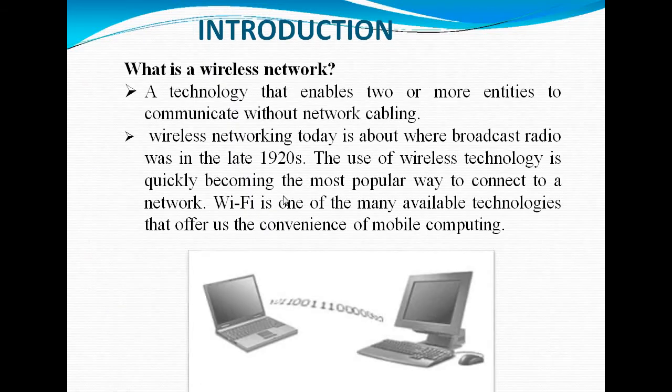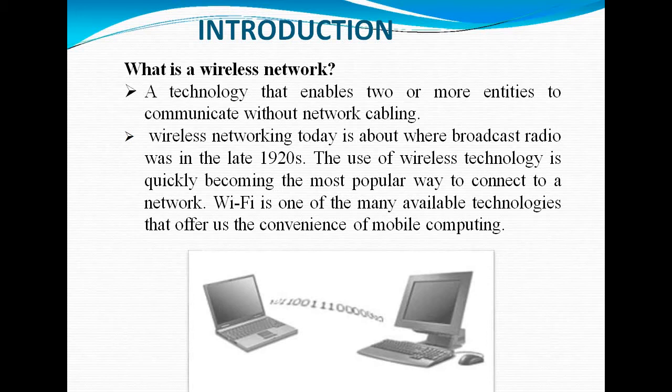So now, what is a wireless network? Here you can see two computers which are communicating with each other wirelessly. A technology that enables two or more entities to communicate without networking cable is known as a wireless network.